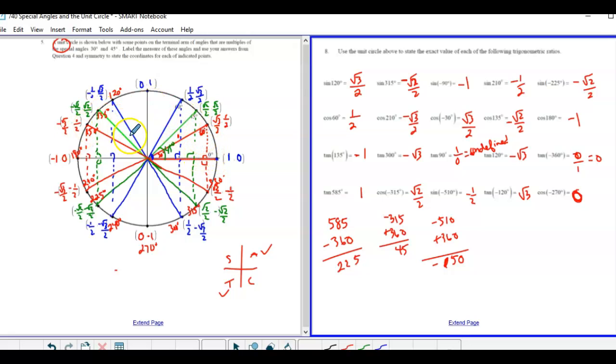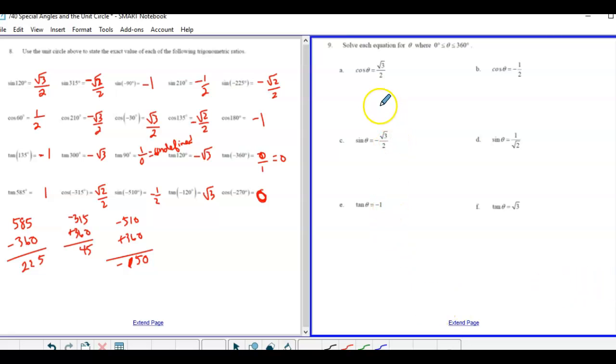Then you're really just thinking about reflecting those for each one that you're required. You're not going to be asked every single trig ratio of every single angle. It's really all about reflection so that you know what's positive and negative, because they're all the same values. You have to know 1/2, root 3 over 2, root 2 over 2, and zeros and ones, and then different opposite signs of that.